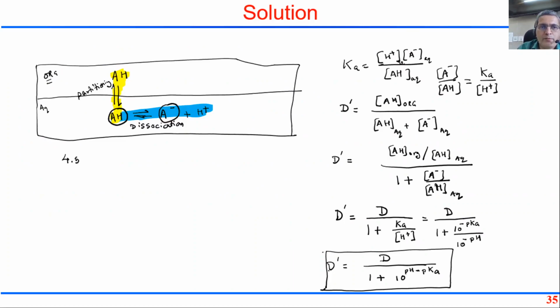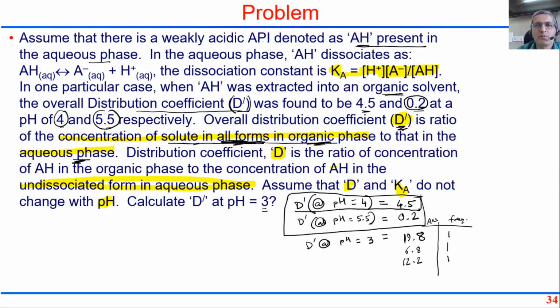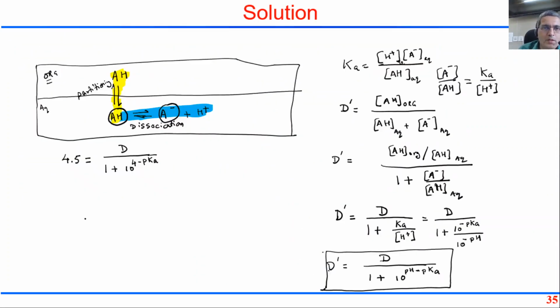That means 4.5 would be equal to D divided by 1 plus 10 raised to 4 minus pKa. At pH of 5.5, the D prime is 0.2. And 0.2 would be equal to D divided by 1 plus 10 raised to 5.5 minus pKa.